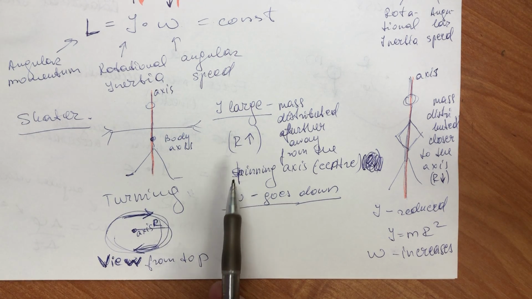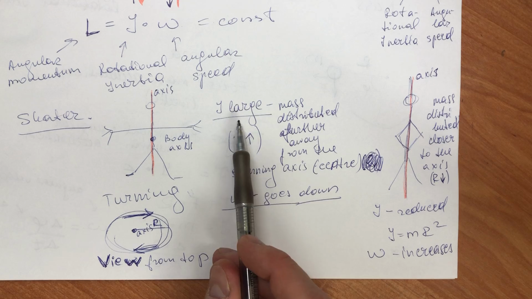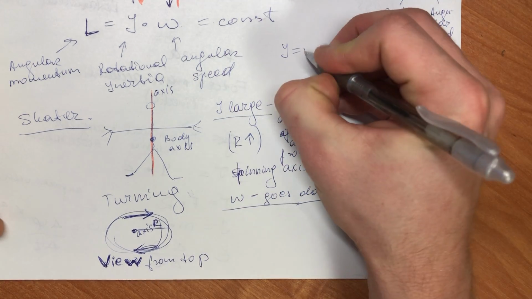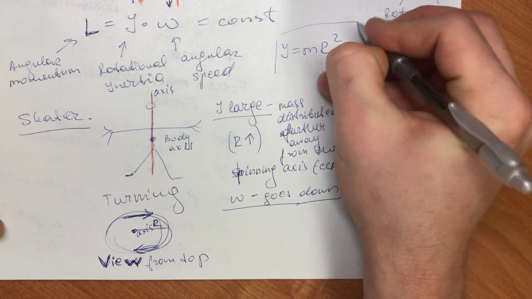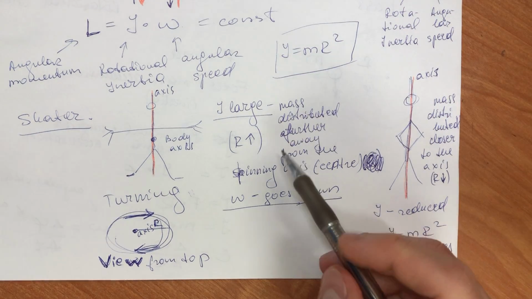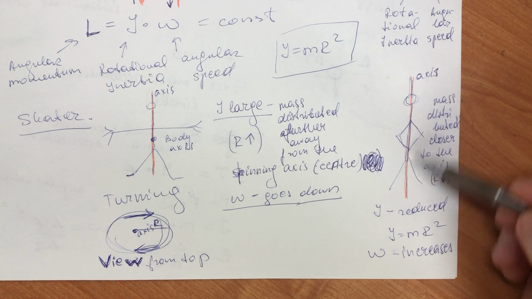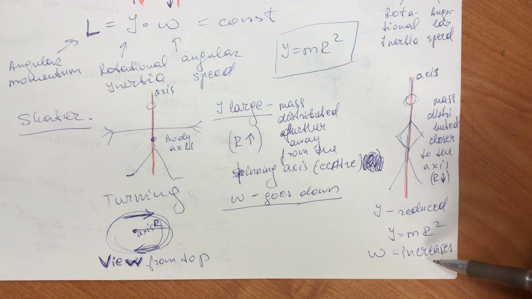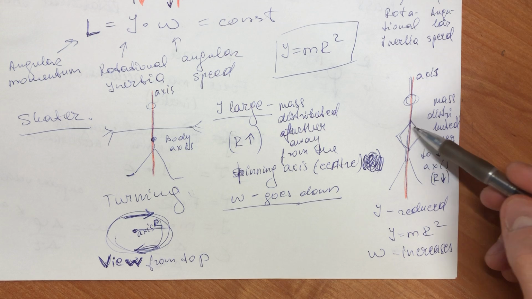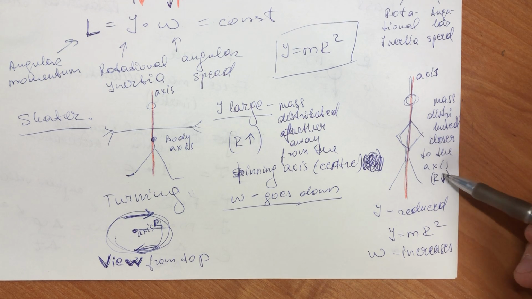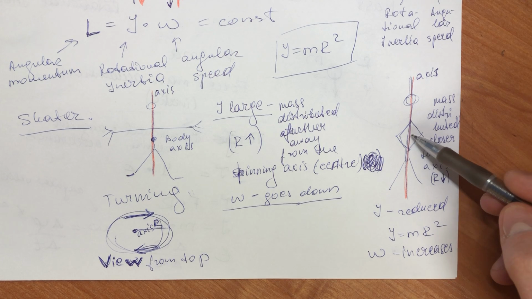Rotational inertia is large because I is mr squared, so omega has to go down. In this case, he brings the arms closer, and that's why angular speed increases. I is reduced because mass is distributed closer to the axis, to the center of motion.